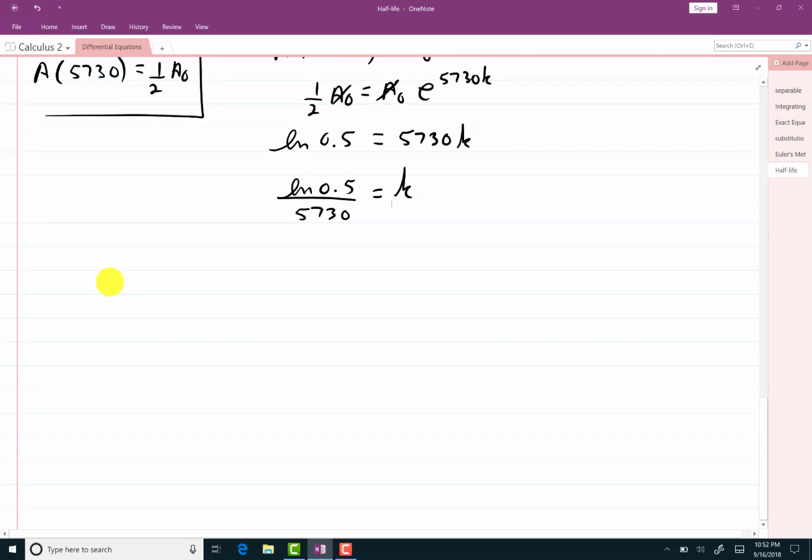So now if we want to know how old this thing is, we would like to know when it was whole, or how many years have passed until we got to this 1% mark.